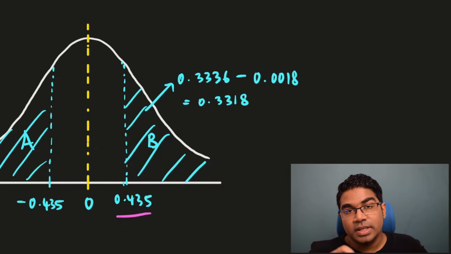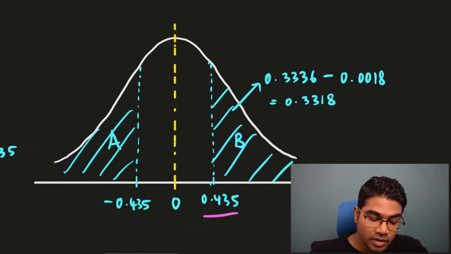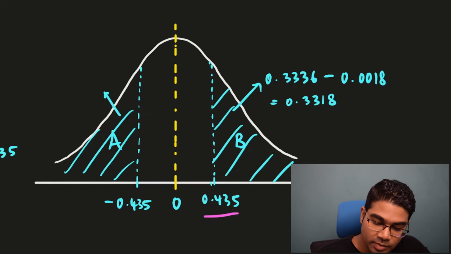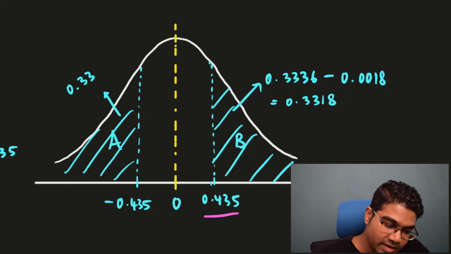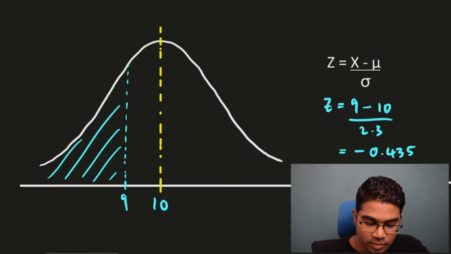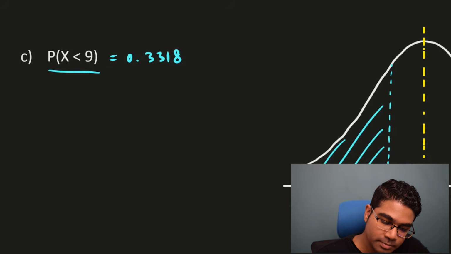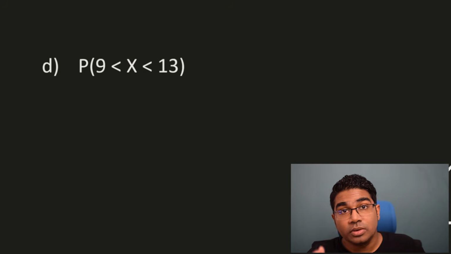This is the probability of Z being greater than 0.435, which is exactly the same as the probability of Z being less than negative 0.435. It is the same thing, which would mean the probability of X being less than 9 is 0.3318.